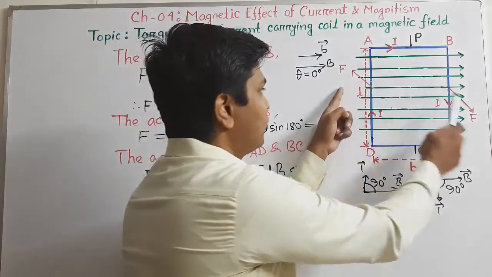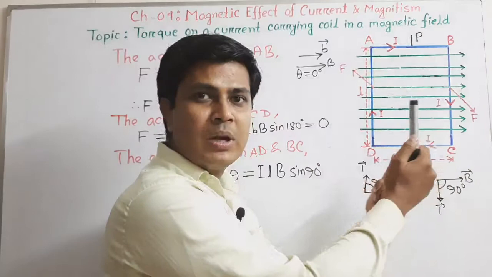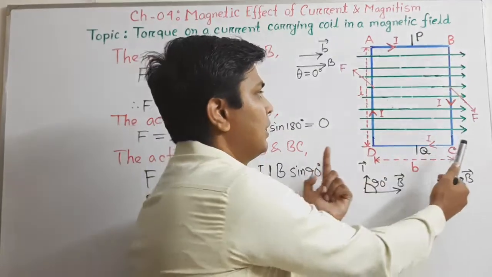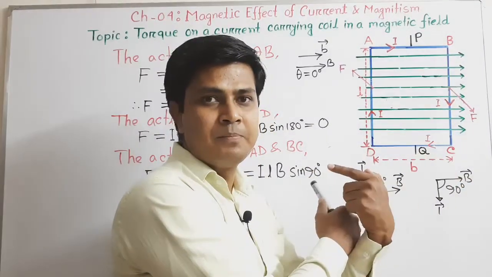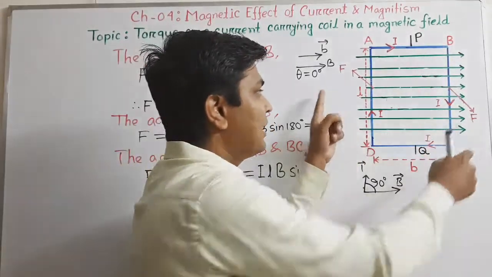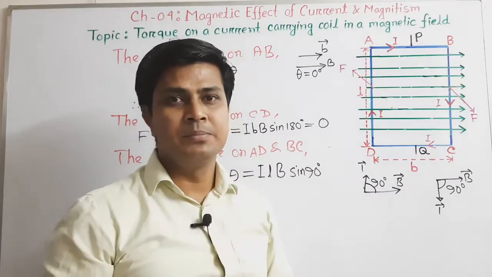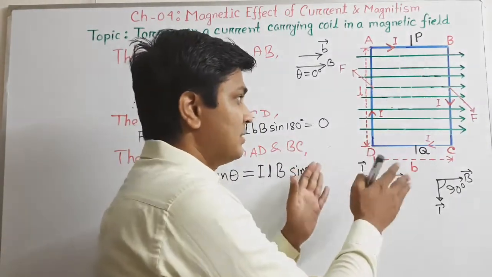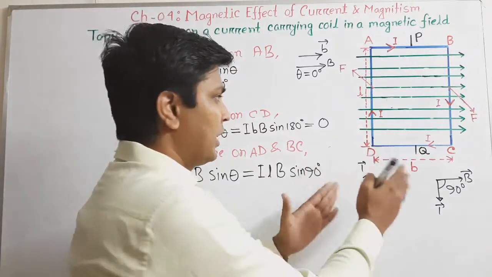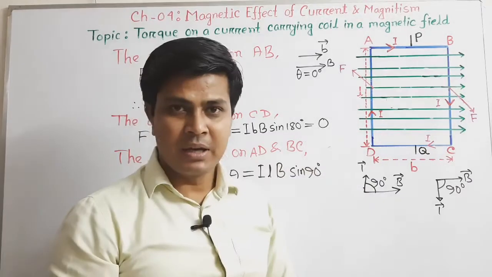Similarly, these two forces are responsible for rotating the rectangular coil in the magnetic field, and this produces the torque. This pair of equal and opposite forces is called a moment of couple, and it is responsible for rotating the rectangular coil in the magnetic field.